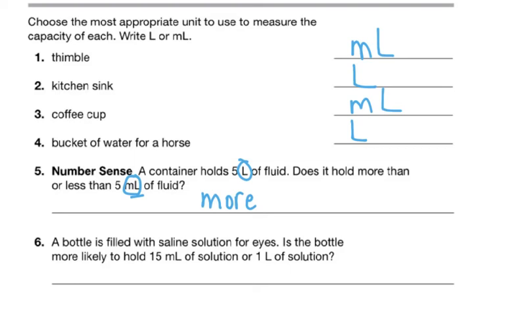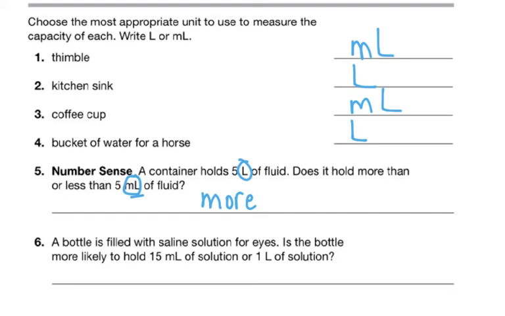And then number 6 says a bottle is filled with saline solution for eyes. So I used to use that when I wore contacts. It's just a liquid. Is the bottle more likely to hold 15 milliliters of solution, or would it be 1 liter? So if you're not familiar with those products for eyes, you might not know for sure how much it would be. But imagine a large water bottle.